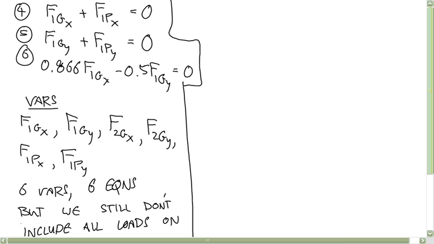So we have to do one more member, at least one more member. And I'm going to isolate the pin. So this is obviously out of scale with the other isolated members. There's something interesting about the pin. And there's sort of two ways to think about it.